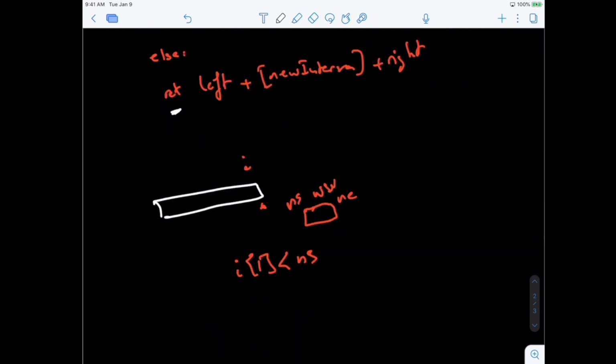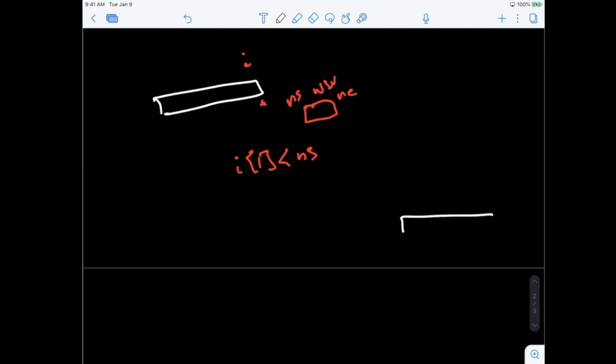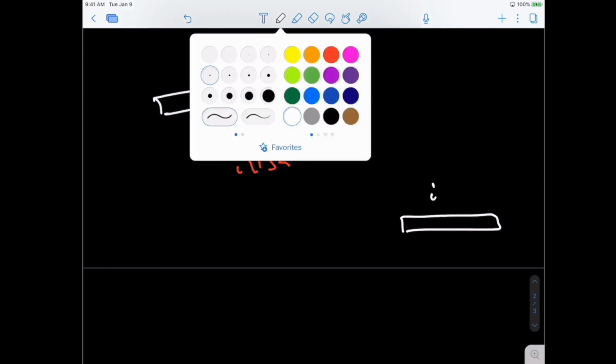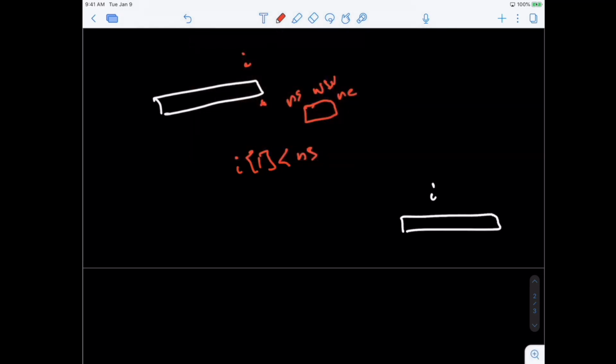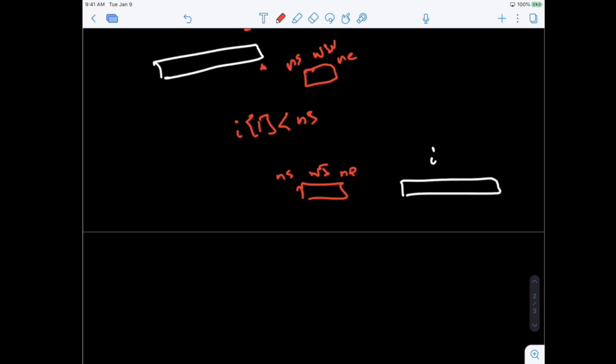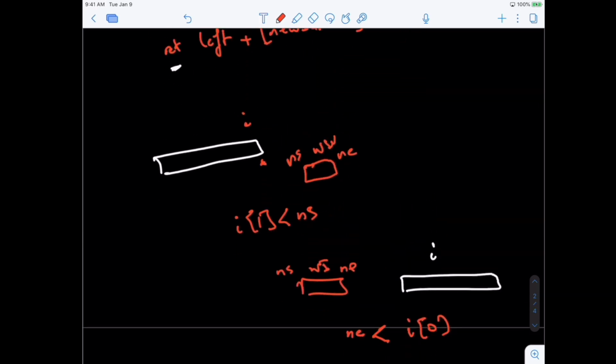What about for the right? Similar actually. So let's say this is an interval we are looking at, I, and this is the new interval here. So this is the new interval start and the new interval end. Well, we just need the new interval end to be strictly smaller than the interval start. That means it's completely to the right. There is no overlap.